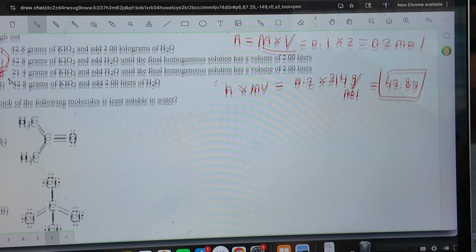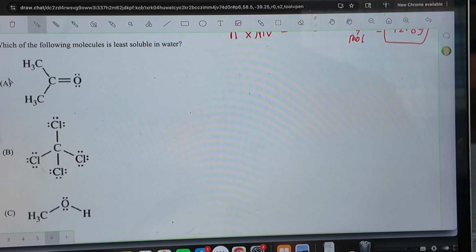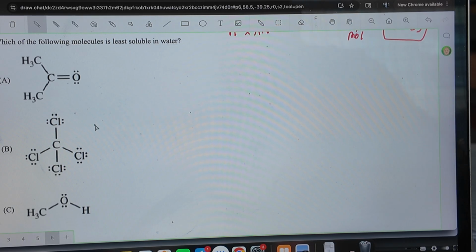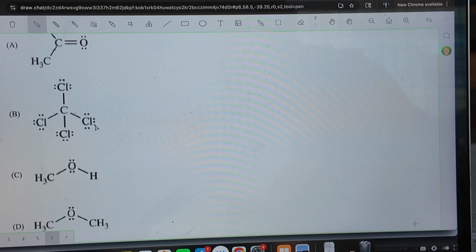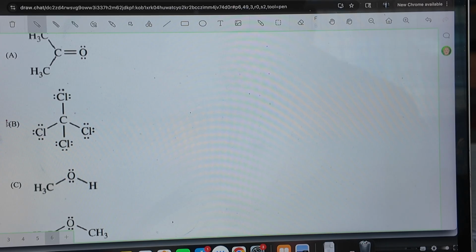Last question. Which of the following is least soluble in water? That's this one, because like dissolves like. Water is polar, and things that are polar will dissolve in it. This has no polarity.